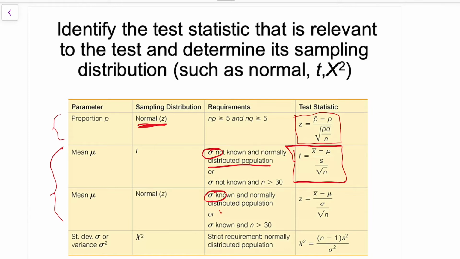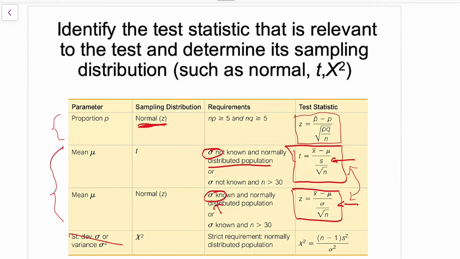If we do know our sigma, we get to change to a normal distribution. And notice these formulas here are almost identical. The only difference is we have the sample standard deviation in the t-distribution and the population standard deviation in the z normal distribution. And they are separate distributions.